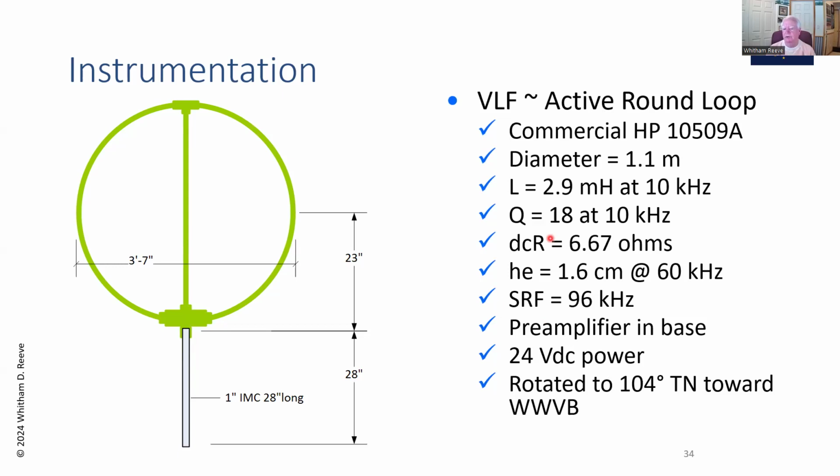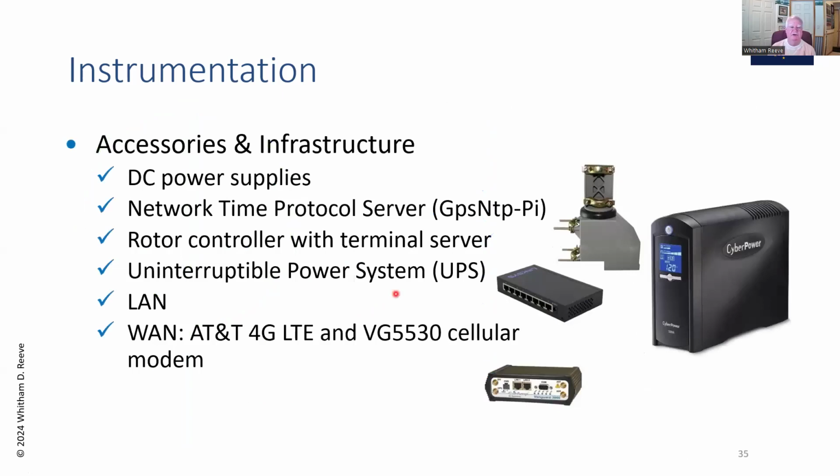It's an active loop. It has a balanced amplifier in the base of the antenna over here, and it operates off of 24 volts DC. I rotated it to point toward WWVB, which was 104 degrees true north from Coho.